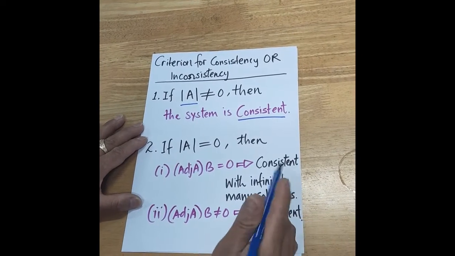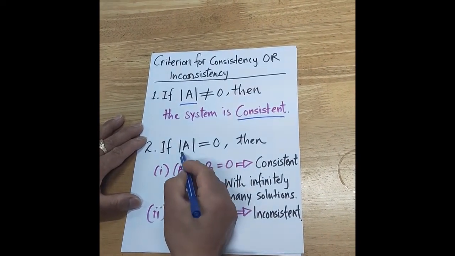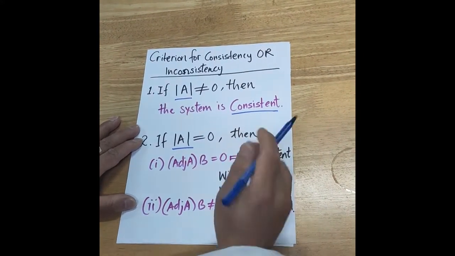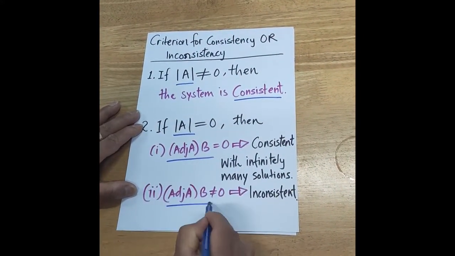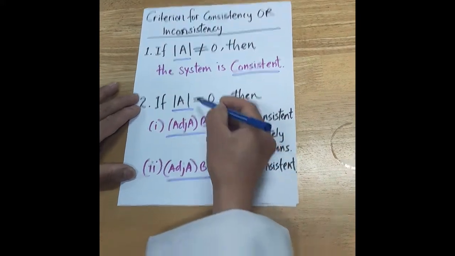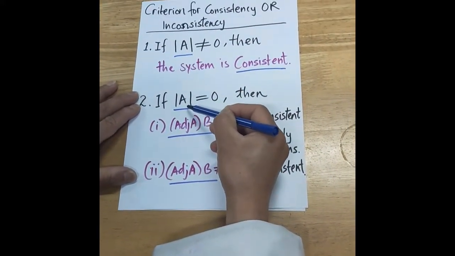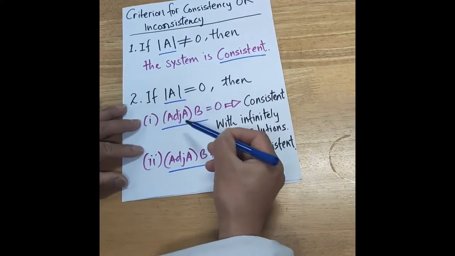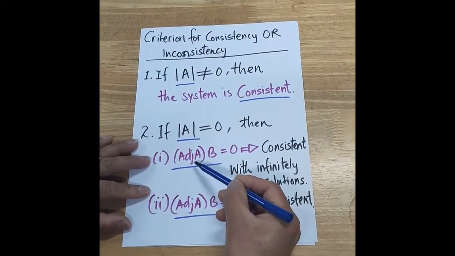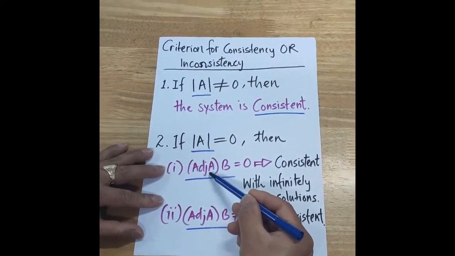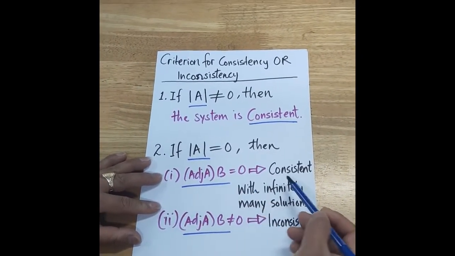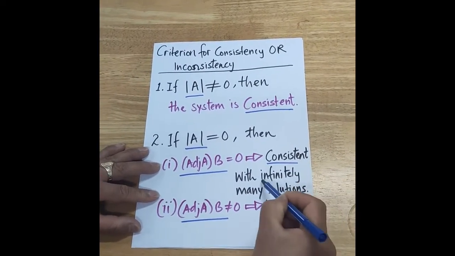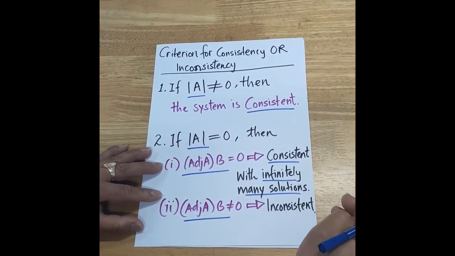In case the determinant of the coefficient matrix A is equal to 0, then you have to further test two conditions. If the product of the adjoint of matrix A and B is equal to 0, then we say the system of linear equations is consistent with many solutions.